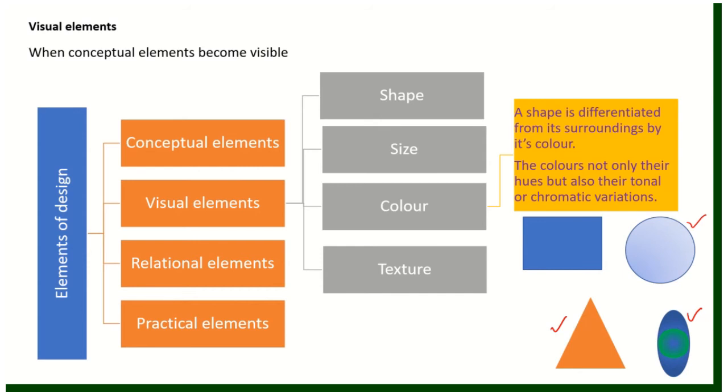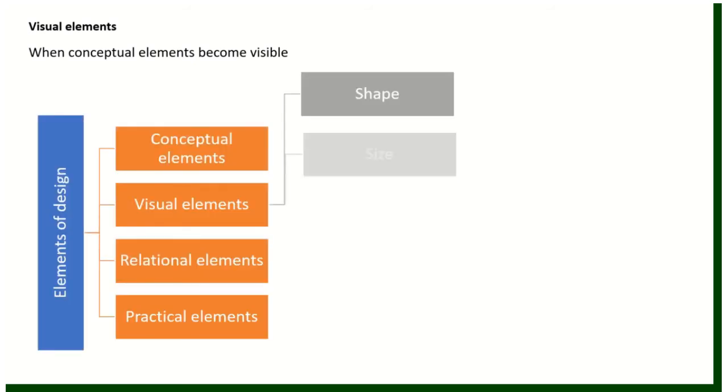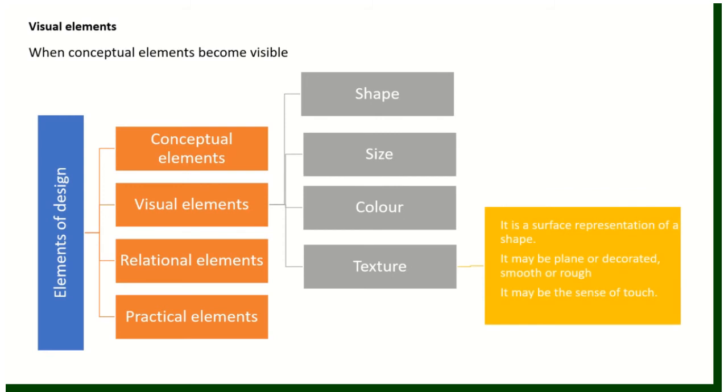Now let's go for the next visual element, that is texture. Let's have a look at the properties of texture. Texture is nothing but what? It is a surface representation of a shape. If a shape is there, previously we know its color.